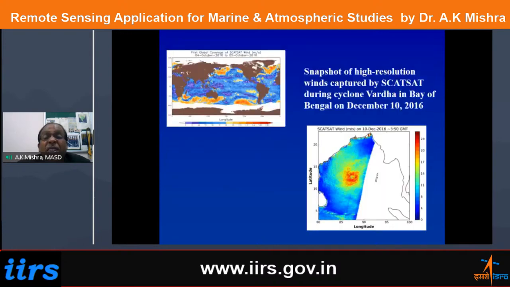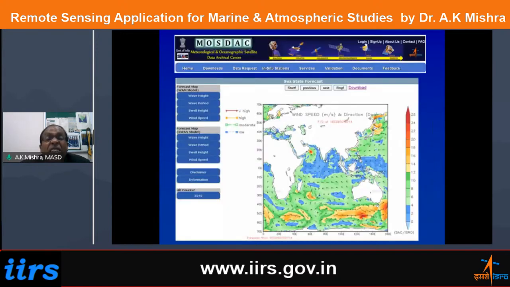And these are snapshots of high resolution winds captured by SCATSAT during cyclone Vardah in the Bay of Bengal. And these are some of the products generated utilizing both the model and the satellite data. And the MOSDAC site is available; you can utilize the MOSDAC site of SAC to get more information.